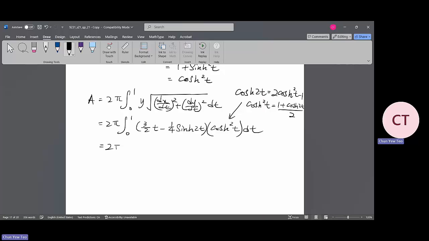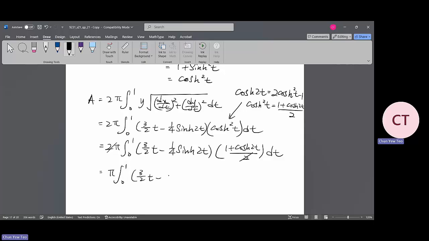So we can apply this result. Then we have 2 pi, 0 to 1, 3 over 2 t minus 1 over 4 sine 2t, times 1 plus cos 2t divided by 2. So the 2 and the 2 here cancel. At the end, you're able to show that it can be expressed in this form.